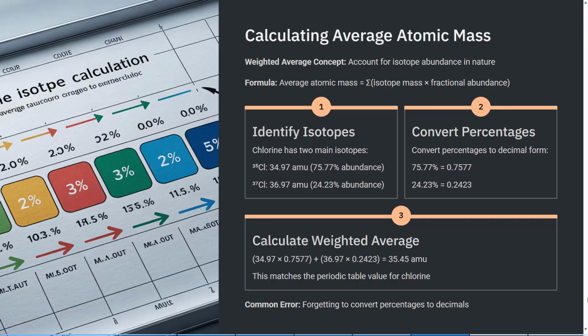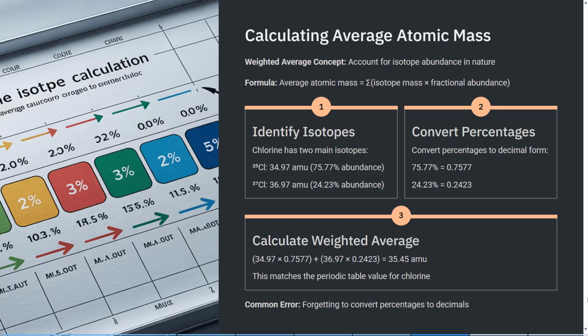Chlorine-35 at 34.97 AMU with 75.77% abundance, and chlorine-37 at 36.97 AMU with 24.23% abundance. The periodic table shows us the weighted average of these isotopes.